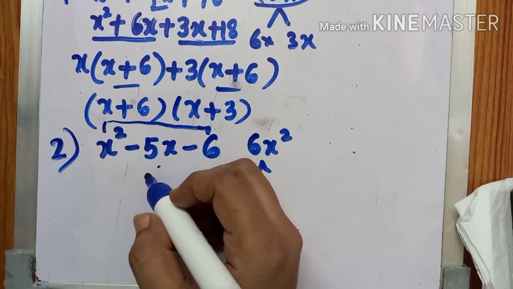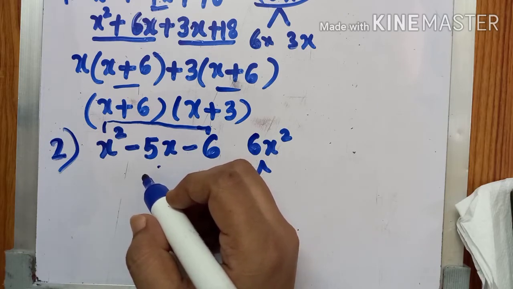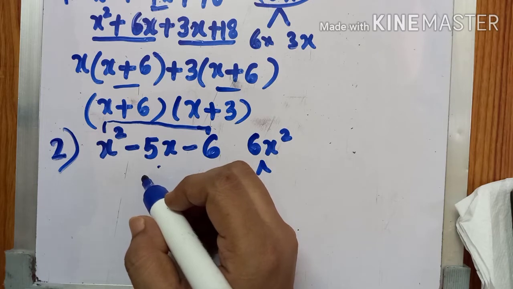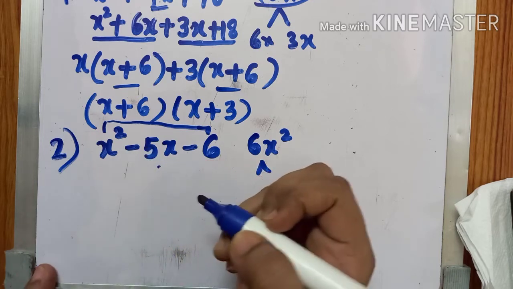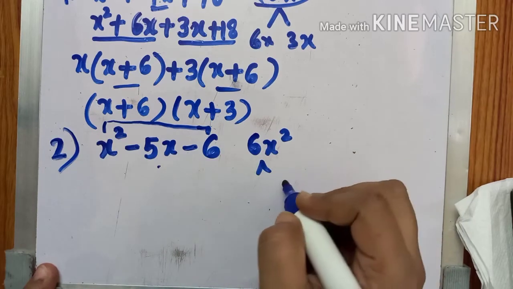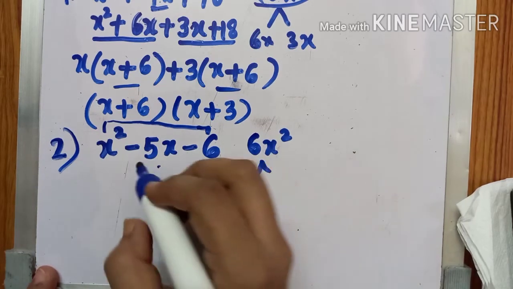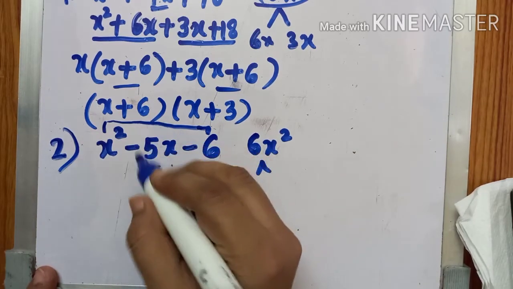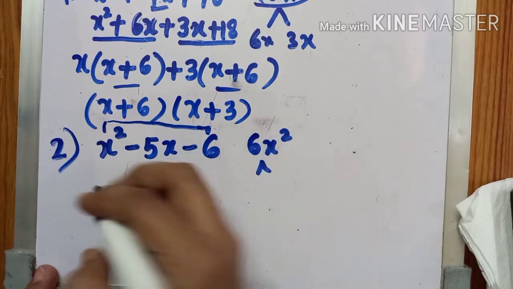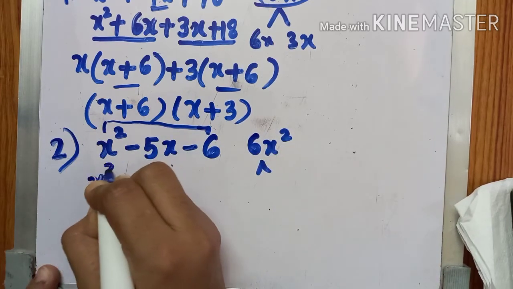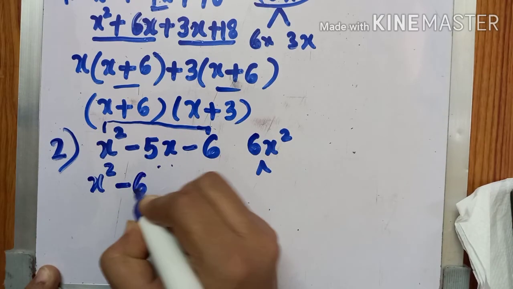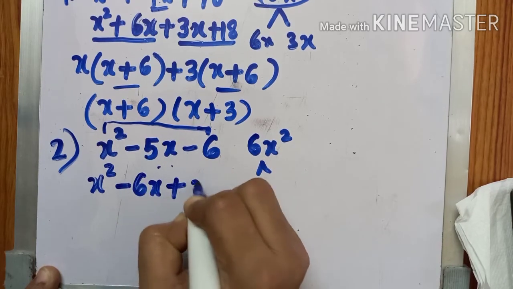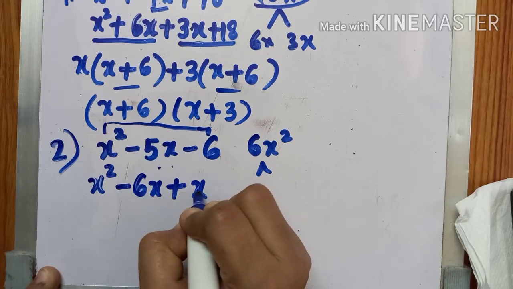Can you write minus 5x as minus 6x plus x? Minus 6 plus 1 will give you minus 5, right? And also minus 6 into 1 will give you minus 6. When you add or subtract you should get this term, and when you multiply you should get this one. So x square will be as it is, then in place of minus 5x I am writing minus 6x plus x.